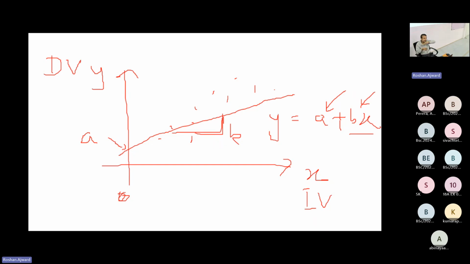Then I try to draw a line of best fit that fits most of those dots. Each dot represents an individual's income as well as rice consumption. That line is called the regression line. It's a straight line.